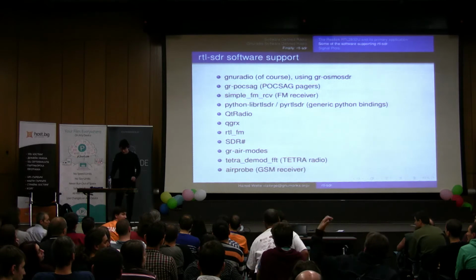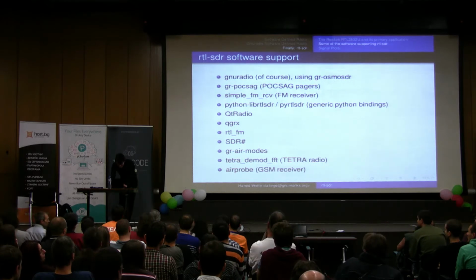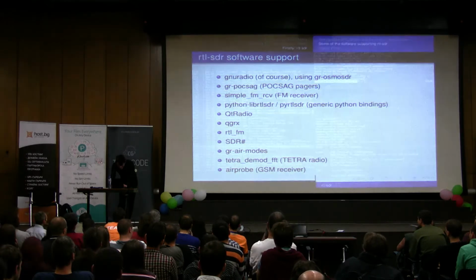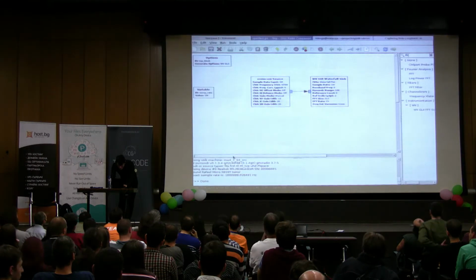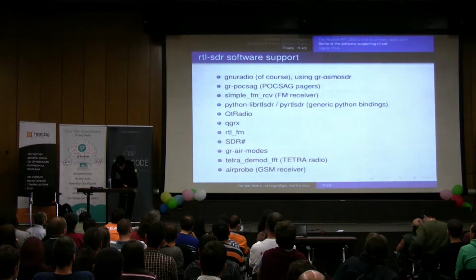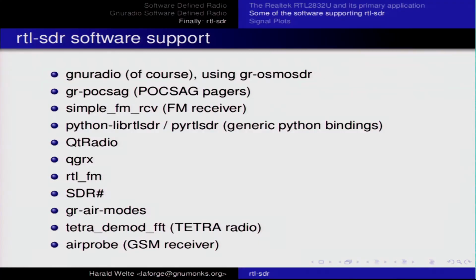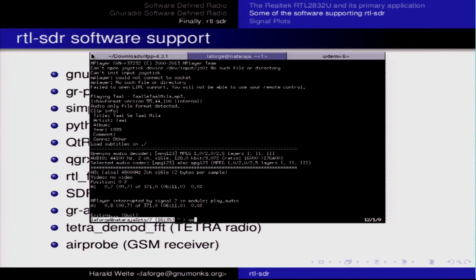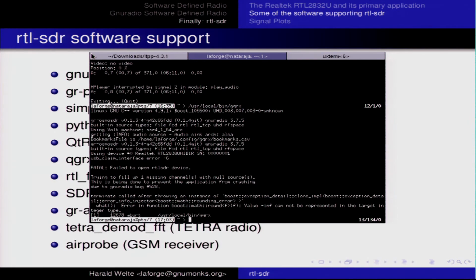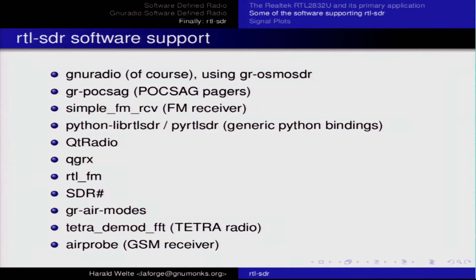123.7. Okay, we can do that. I just need to figure out where I put the window with the GQRX, but probably I stopped it. No, it's still there, but where is it?